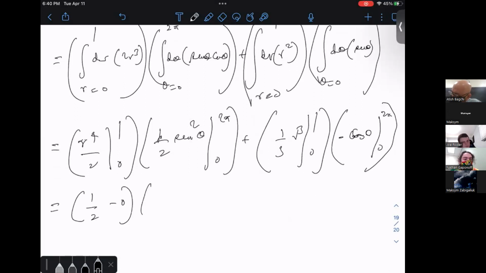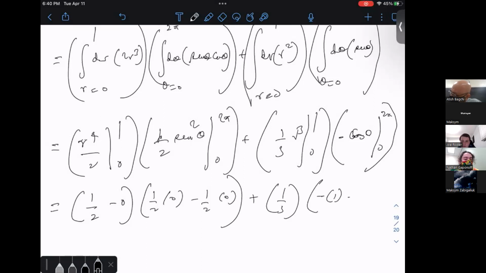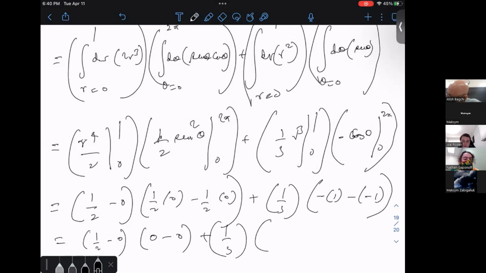So that is equal to 1/2 times half sine squared of 2 pi, which is 0, minus half times 0, plus 1/3 times the difference of cosine of 2 pi, which is 1, minus cosine of 0, which is 1.